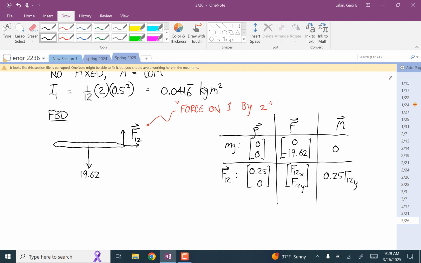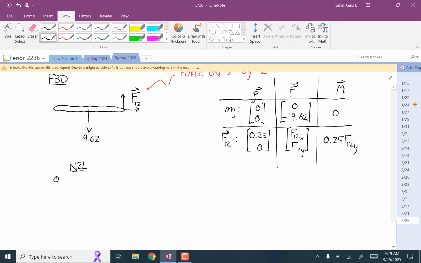There is no fixed point, so do we need Newton's second law or not? Yep. So Newton's second law says 0, negative 19.62 plus F12x, F12y is equal to the mass times the acceleration of the center of mass.